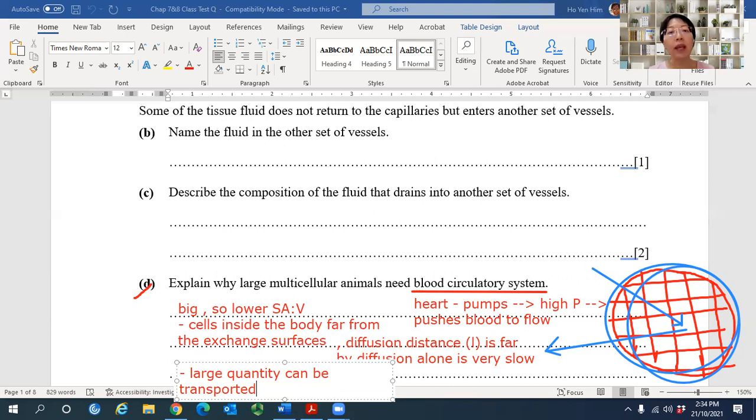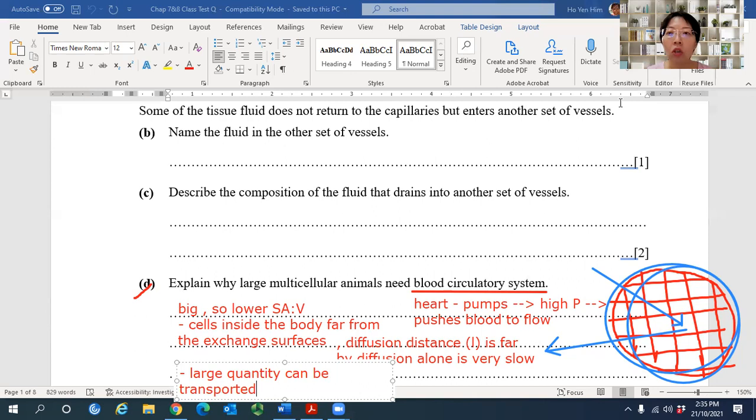You have a special place for those materials to be transported, so you can transport a large quantity at the same time, as compared to molecules having to move by diffusion from one cell to another cell, which is very slow. But this one doesn't move through the cell, it moves through a hollow lumen with very minimal resistance to flow. So a large quantity can move.